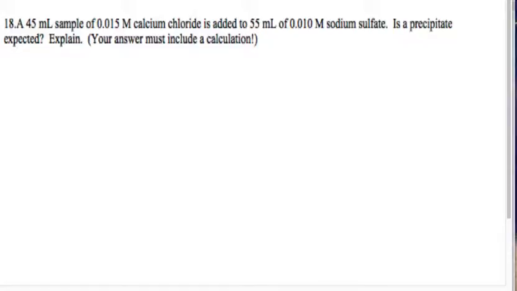And it's pretty cool. So, to start this, we need to look at what we're mixing and ask ourselves, if a precipitate forms, they're asking, is a precipitate expected? We need to figure out, okay, if a precipitate forms, what precipitate would we make? Look at the 2 and do a double replacement in your head and tell me what the precipitate would be.